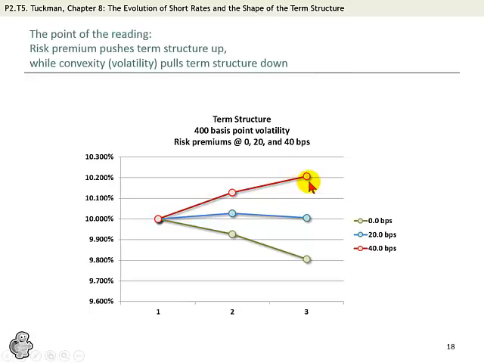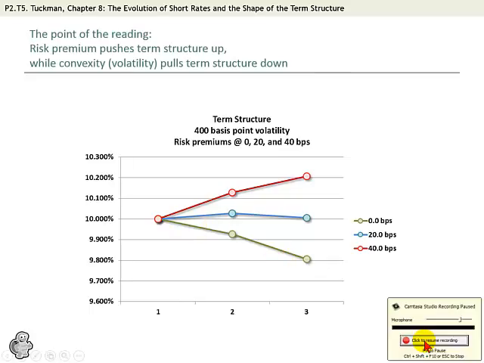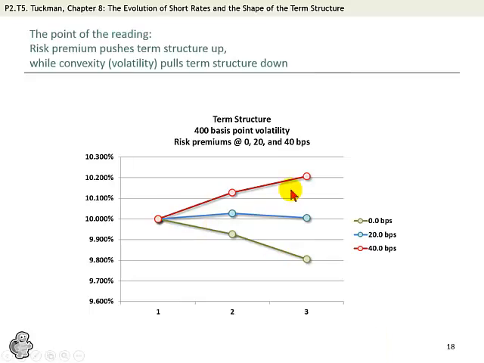That's offset by the other force, which is the convexity effect owing to volatility, which pulls the term structure down. So this green line here, which happens to model a risk aversion of 0, so I suppose that's risk neutrality, is completely dominated by the convexity effect of pulling the term structure down. The red line, on the other hand, is dominated by the risk premium pushing the term structure up.